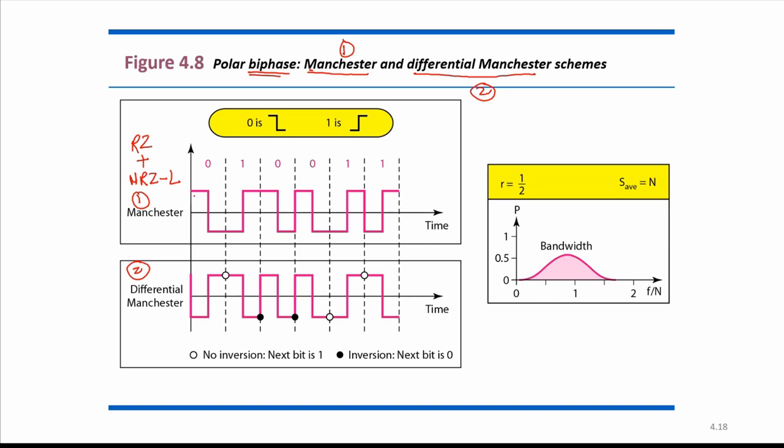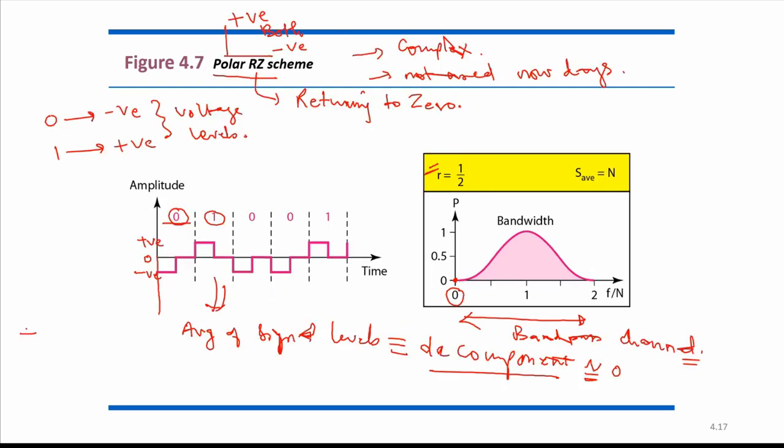It is basically considered as having the properties of RZ and NRZ-L. In case of RZ, it has the property of synchronization. Whenever it is going from high to level 0, or low to level 0, whenever it returns to 0, this return to 0 is basically used for synchronization.